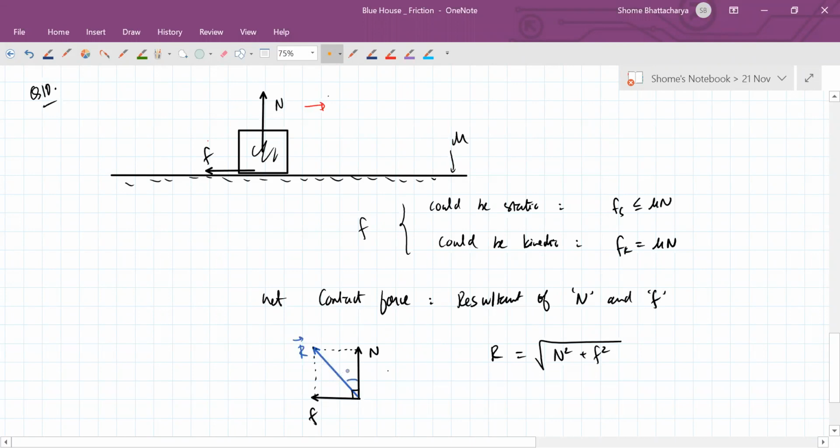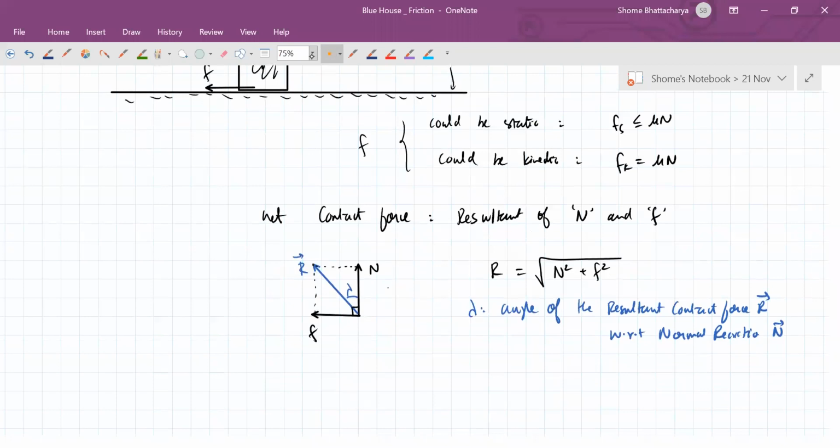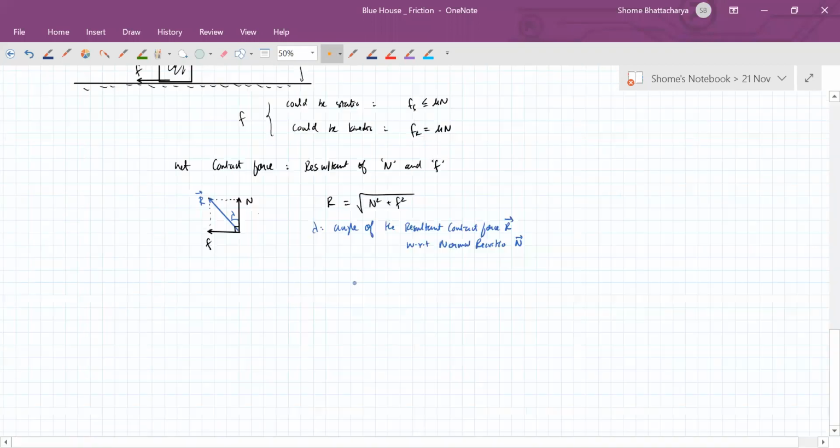And this is the angle they've called lambda. Lambda is the angle of the resultant contact force with respect to normal reaction. What angle it is making with respect to normal reaction, vector N. So as you can see in this diagram, lambda is equal to how much?